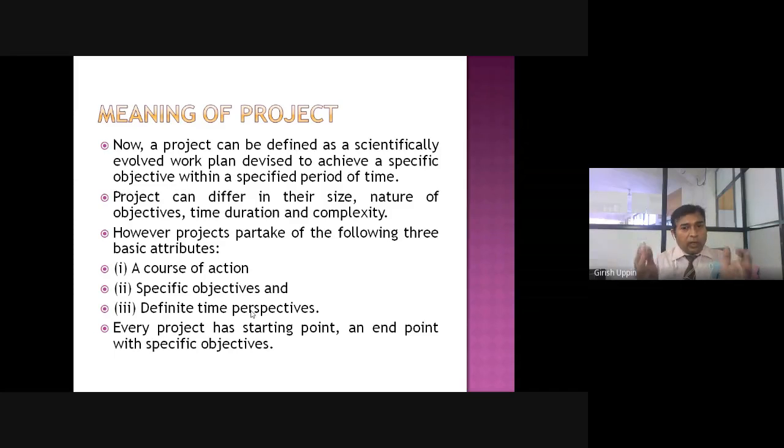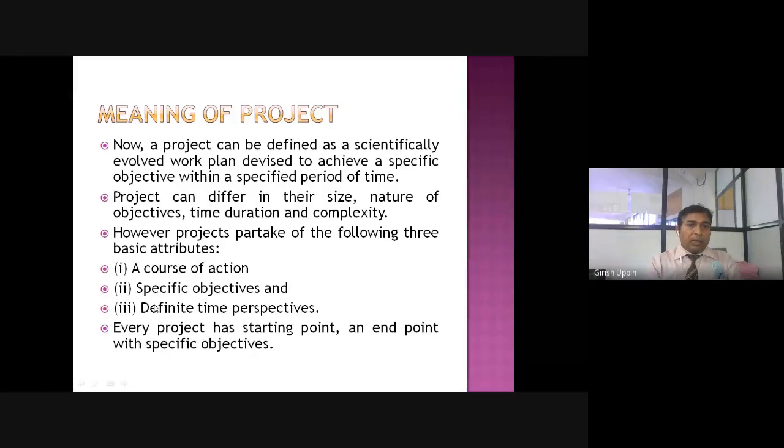It is unique with its structure, and it will begin with a certain start date and complete with an end date. That is the meaning according to PMI.